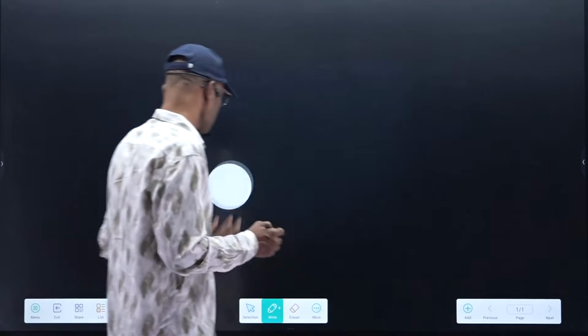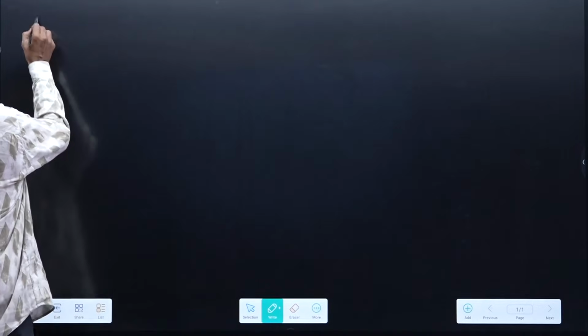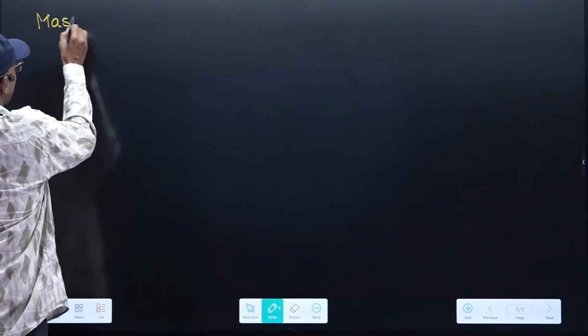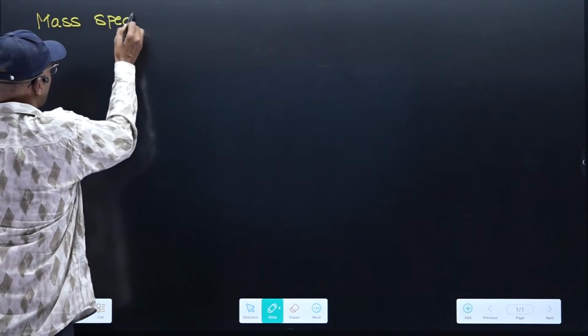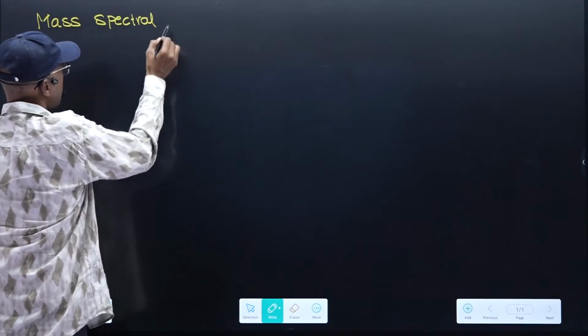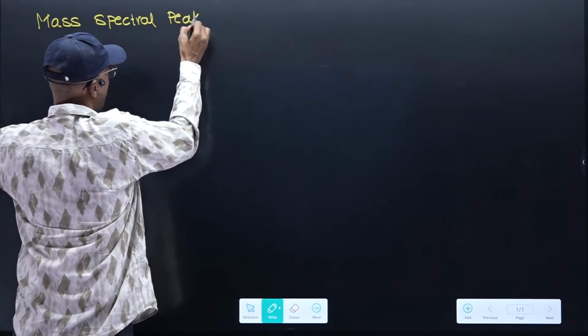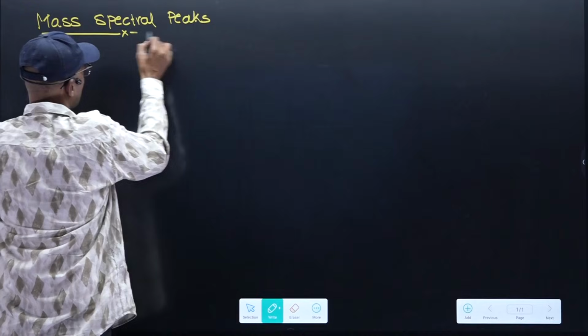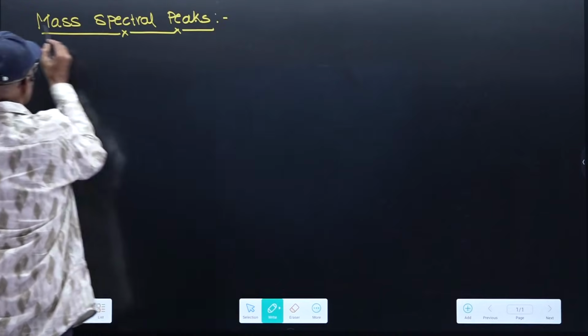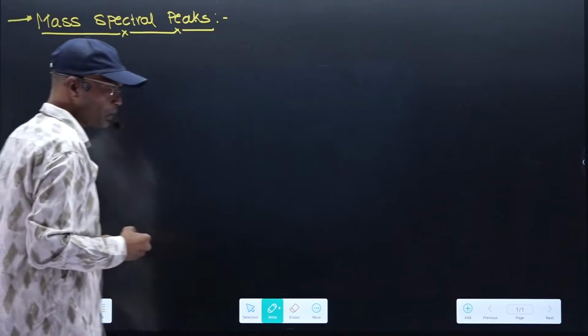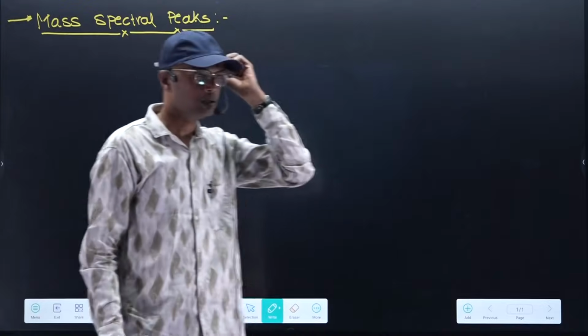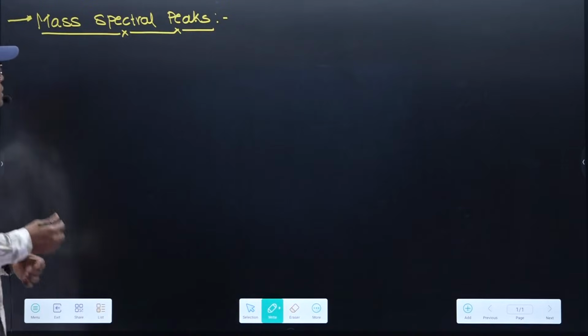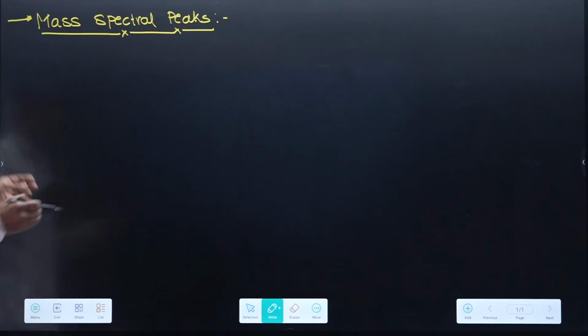Mass spectral peaks. This means I would like to write a mass spectrum. So how do we write a mass spectrum or mass spectral peaks?